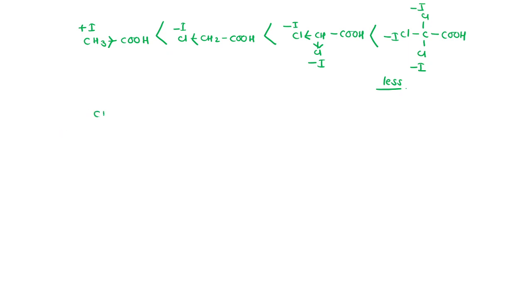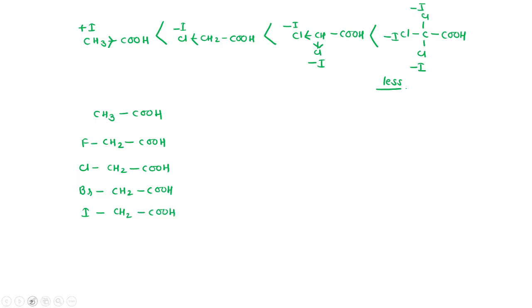Another example: CH3COOH, acetic acid, then fluoroacetic acid, then chloroacetic acid, then bromoacetic acid, and iodoacetic acid. When you draw its dissociation, it becomes CH3, C double bond O, O minus, H plus.